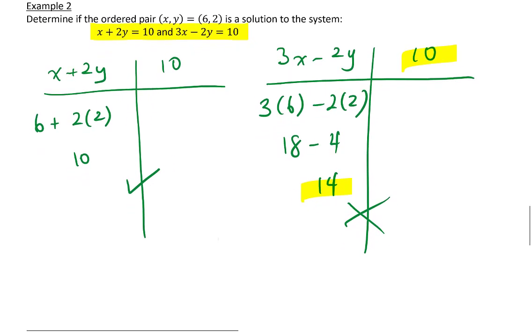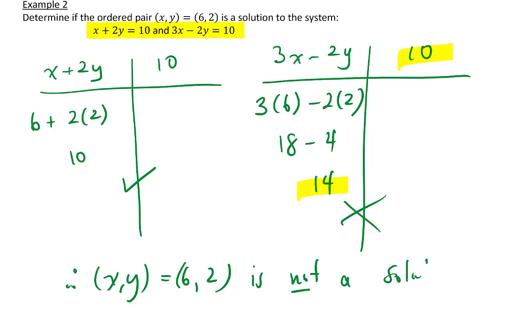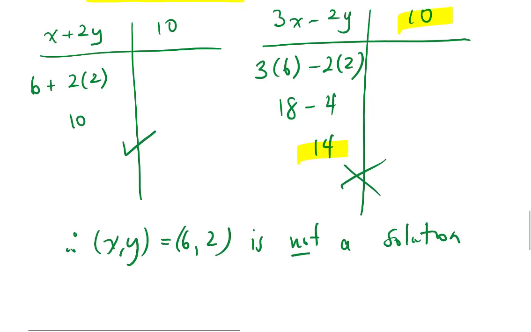So this is not a solution to the system because it must be a point on both lines. So we can say therefore (x, y) equals (6, 2) is not a solution. A solution to what? To the given system.